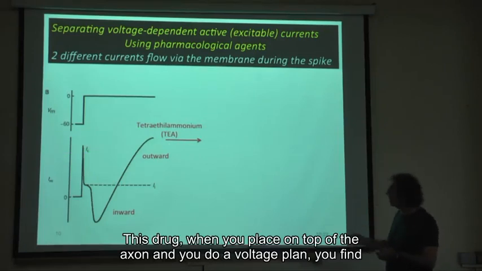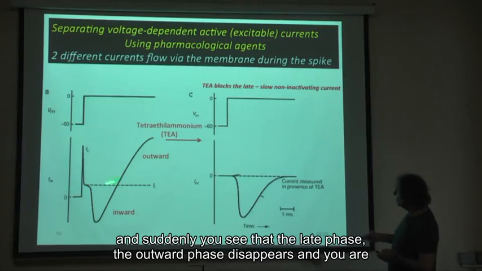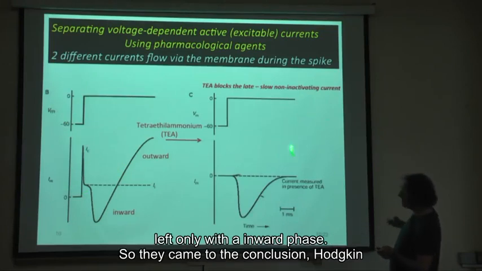This drug, when you place on top of the axon and you do a voltage clamp, you find something opposite. So here is the voltage clamp, like here, and suddenly you see that the late phase, the outward phase, disappears. And you are left only with the inward phase.